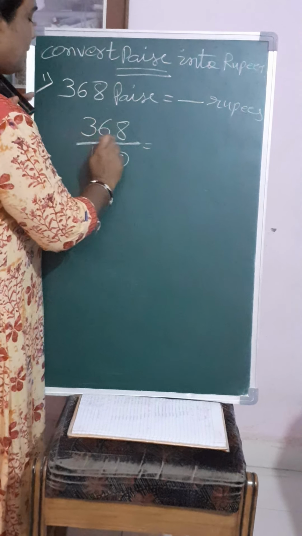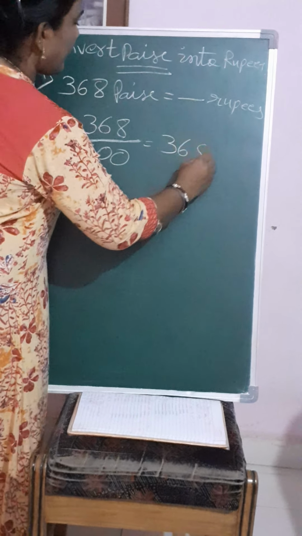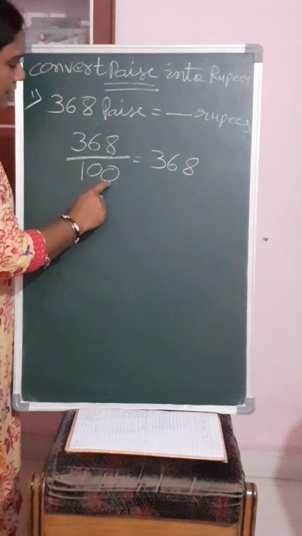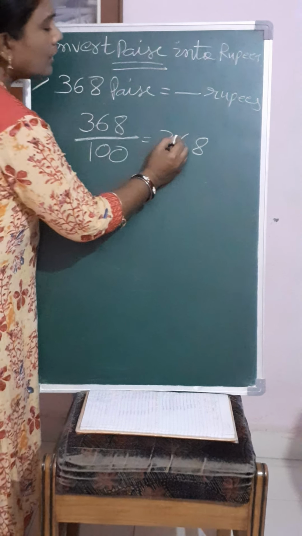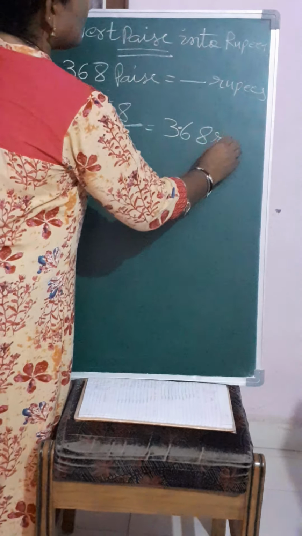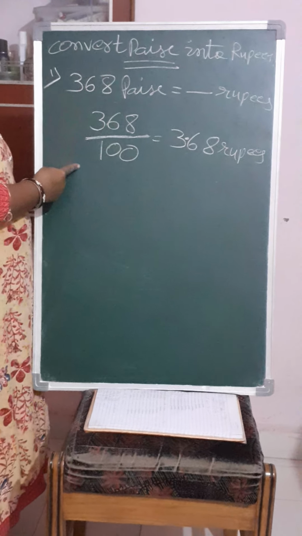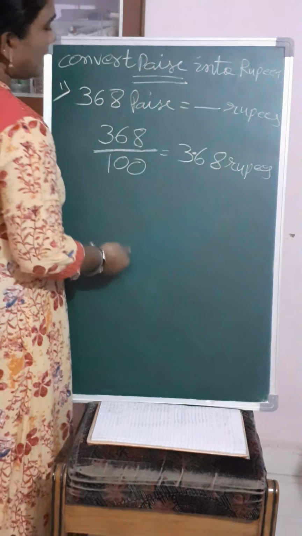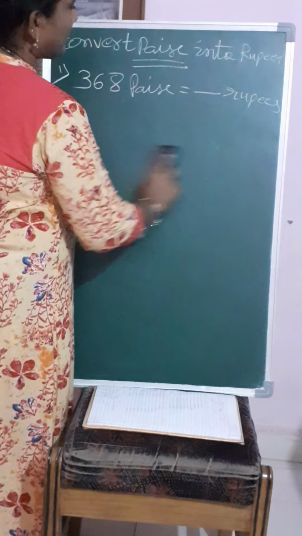So you have to write the same number that is in the numerator, 368, the same you will write. But in the denominator, how many zeros are there? 1, 2. So from the right side, after leaving 2 digits, 1, 2, you will put one decimal point. So you got the answer. It is read as 3 rupees 68 paisa. Now understood the shortcut way of how to divide by zero numbers. If it is with thousand, in the same way you will leave 3 digits like this. Okay, you will learn more of all this in 5th standard.